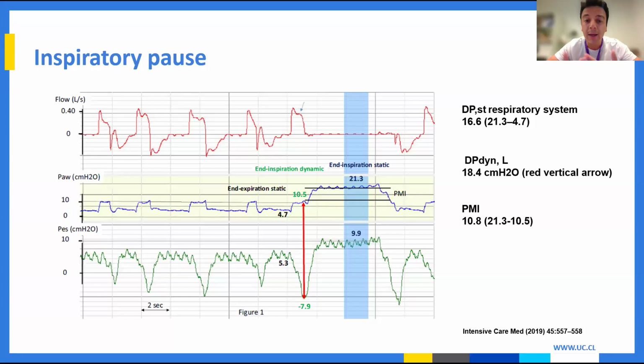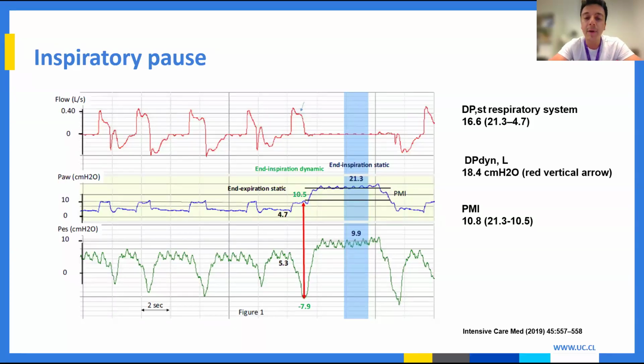So in order to calculate the driving pressure during this static or quasi-static condition during assisted ventilation, you need to subtract the plateau pressure minus PEEP. And in this case, the driving pressure of the respiratory system will be around 16, which is way higher than the driving pressure that you were observing without doing the end inspiratory occlusion.